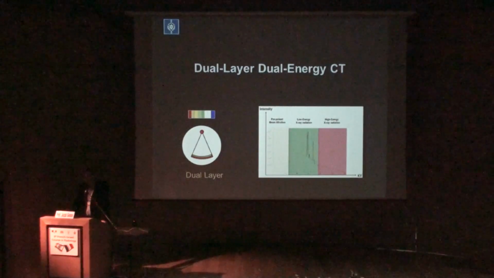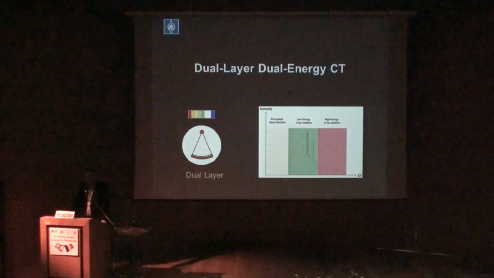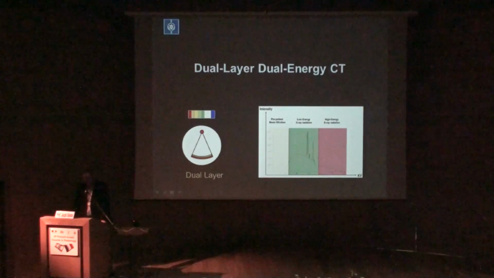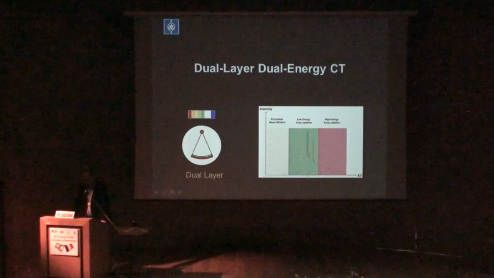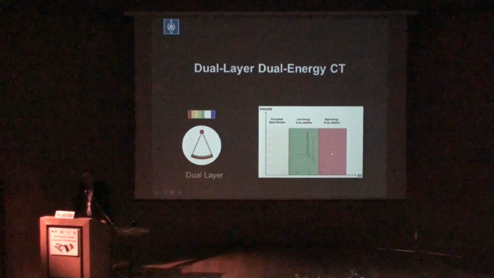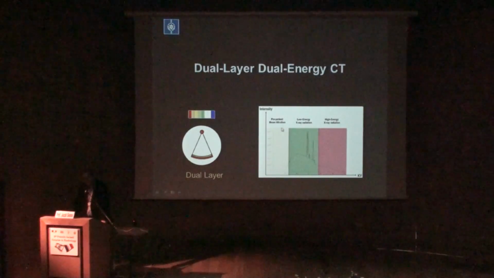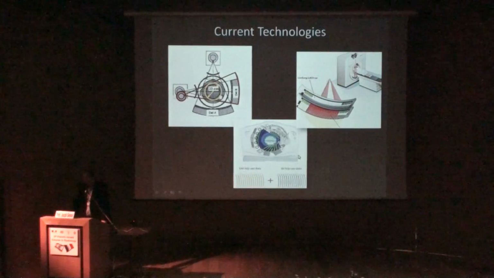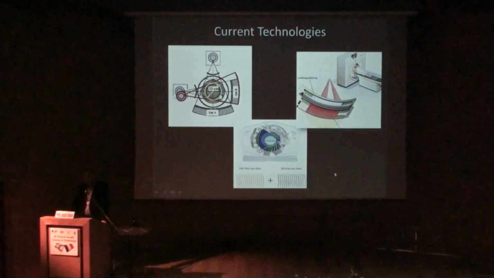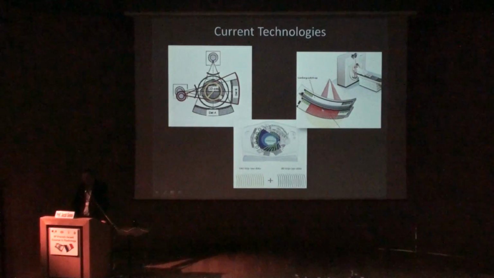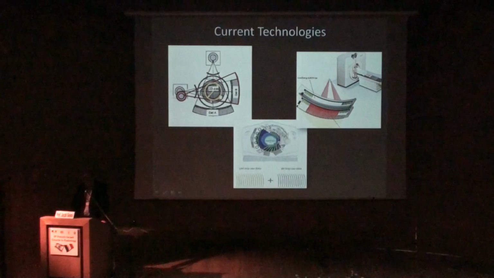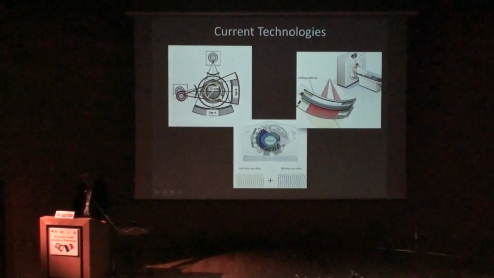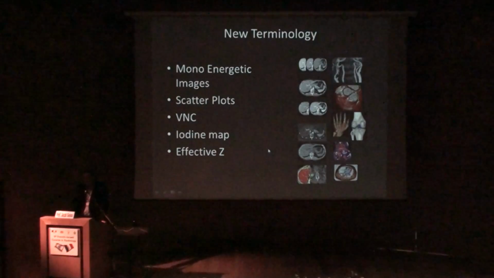One absorbs the low energy photons and the other the higher energy photons, and we split the energy into two energies, and this is filtered before they reach the patient. So again, a schematic representation of the current technologies, the detector-based and tube-based. This is the two tubes, and this is the rapid kV switching.